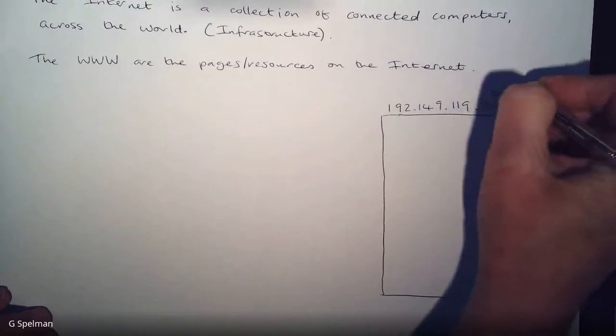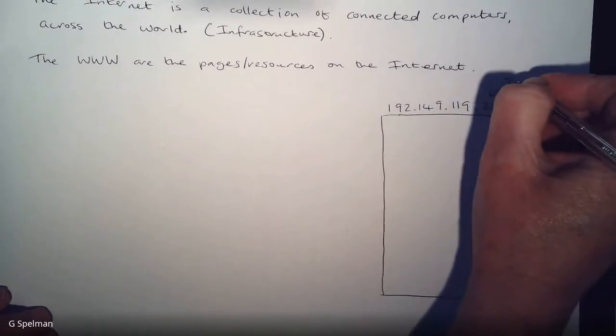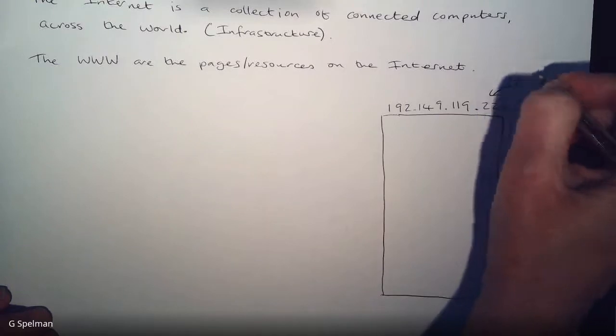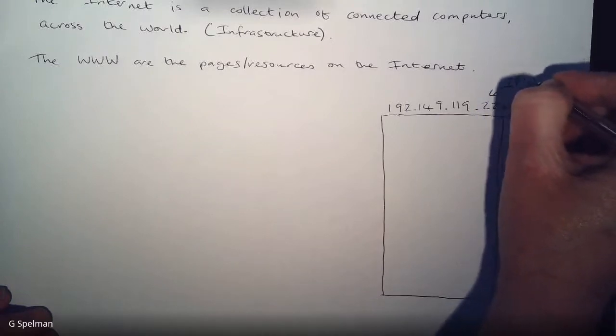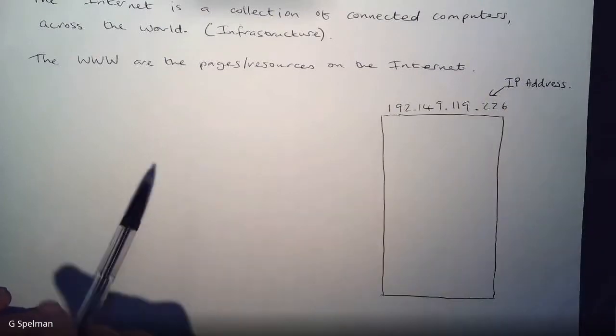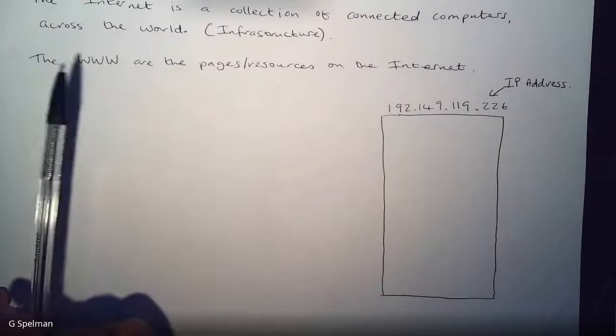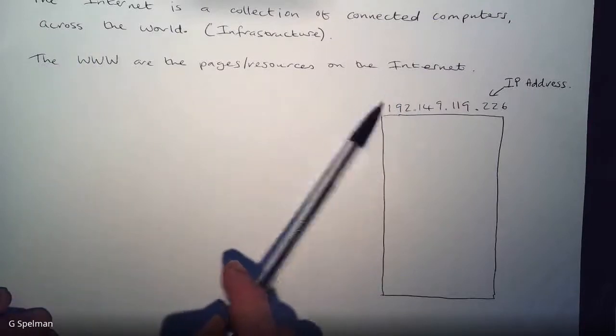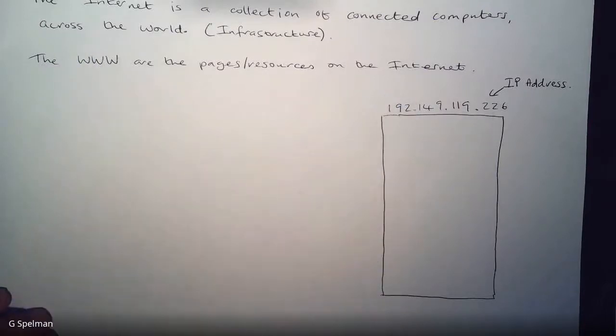So that there is the IP address, IP standing for Internet Protocol. And we will be learning more about protocols in another lesson. So if another computer needs to access this, it needs to know that IP address. That's how the internet works.